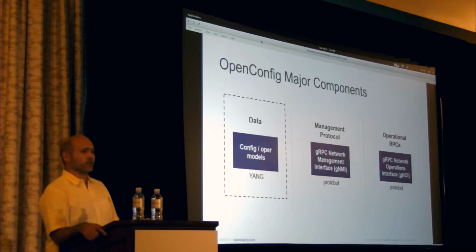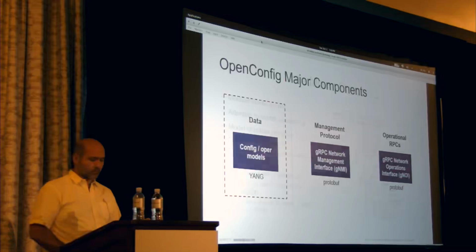So they've also invested to some extent in providing tools. For the rest of this presentation, I'm going to focus specifically on the data model piece. So we're not going to talk about gNMI. We're not going to talk about gNOI. We're going to focus on the data models, see what data models are available, what structure they have, understand those models at a high level, and see how those models can be used to implement a specific workflow.